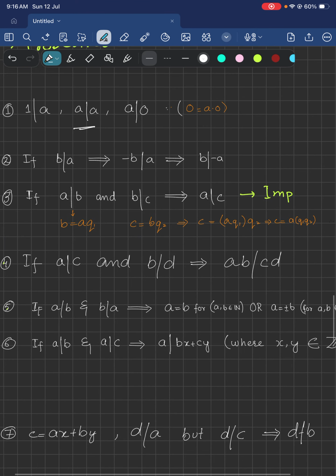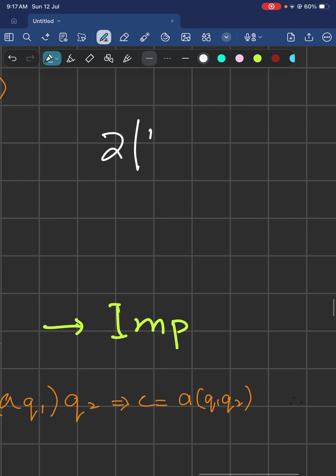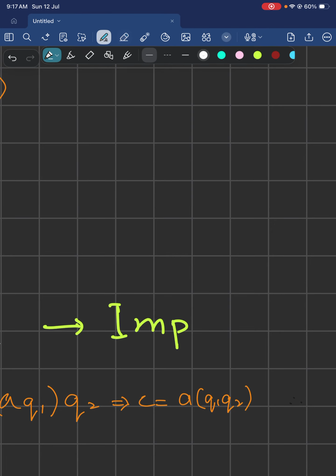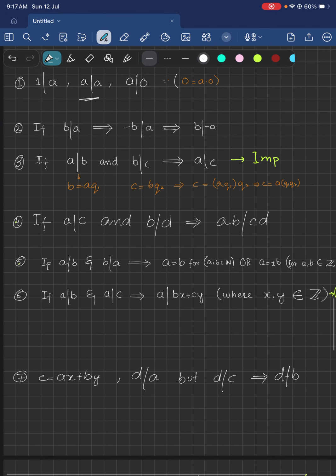The second property is if b divides a, then a negative number would also divide a, and b would also divide negative a. So if 2 divides 4, then negative 2 would also divide 4. The sign doesn't matter as much.